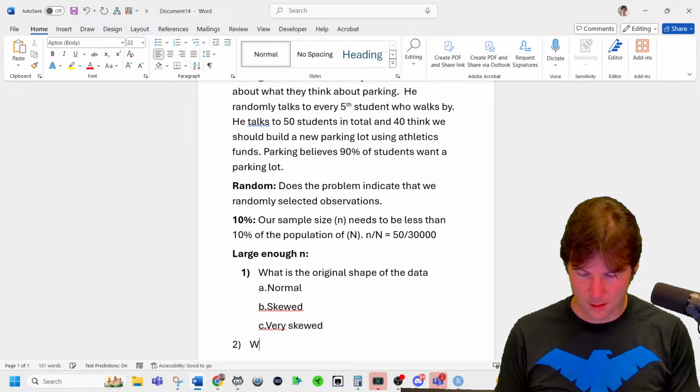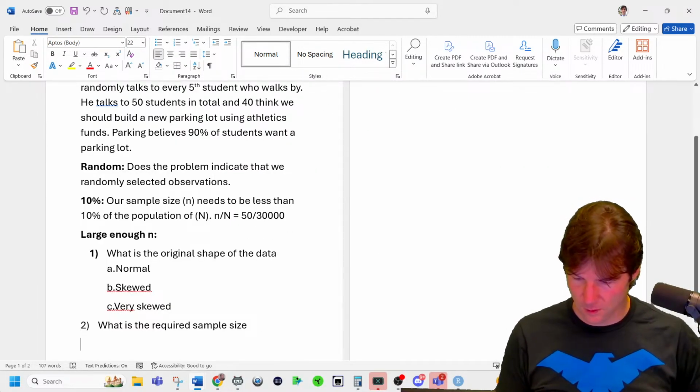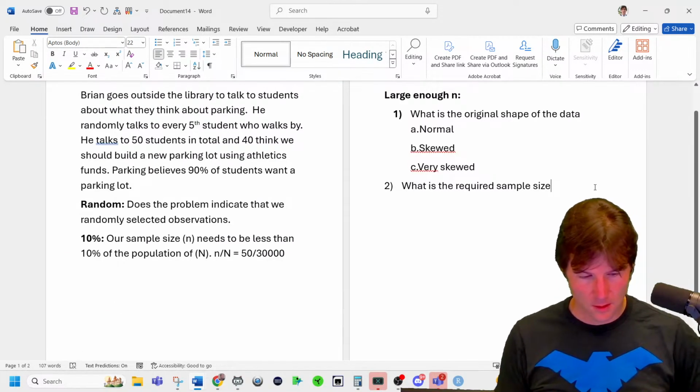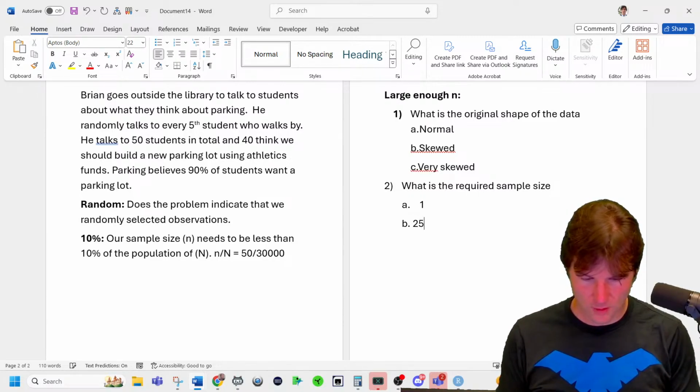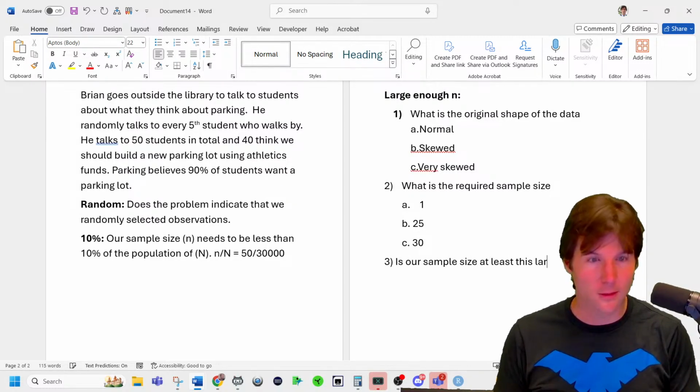What is the required sample size? Really? We'll go to a new page on this. So the required sample sizes are either 1, 25, or 30. Is our sample size at least this large?